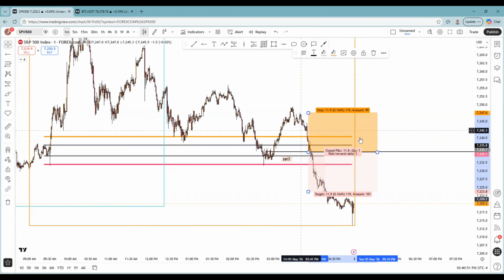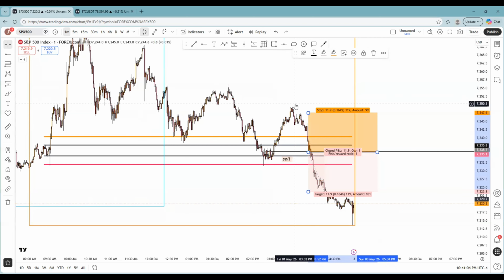And as you can see, the price also closed below here, but also something else I've noticed.